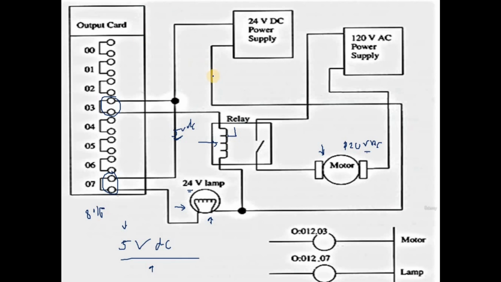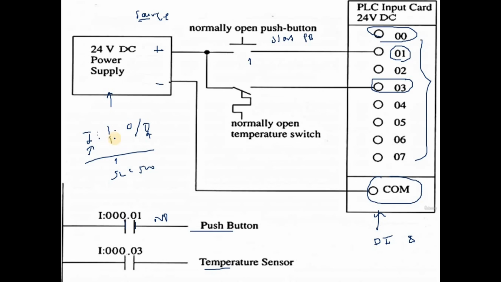Now here, in order to fulfill the AC power supply requirement of our motor, we have connected the external power supply. Here you can observe like this. If we are getting the output from the CPU, then accordingly the relay will switch on and it will start the motor, right? Here you can observe we have added the push button also.